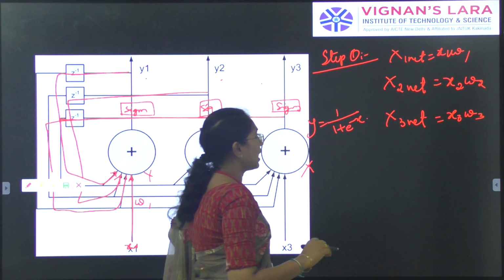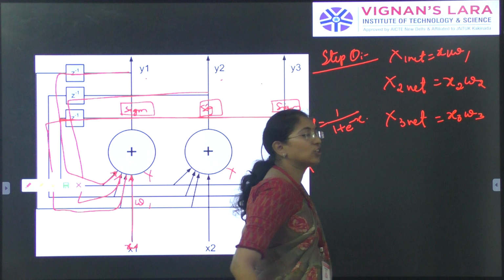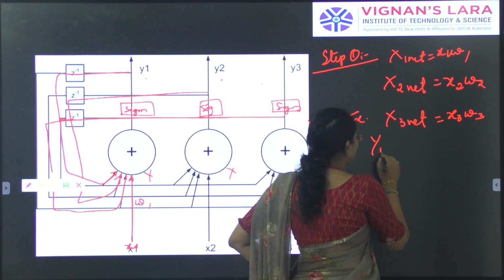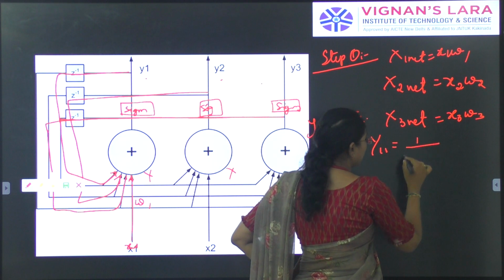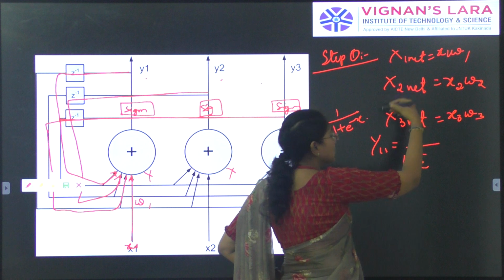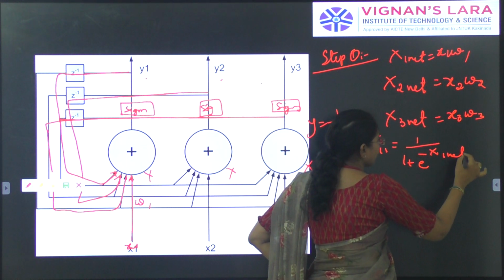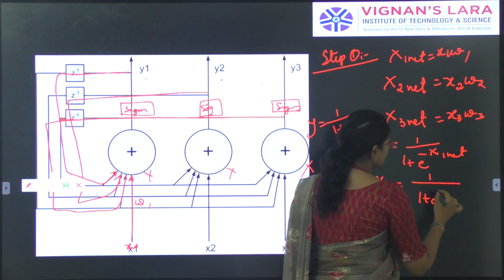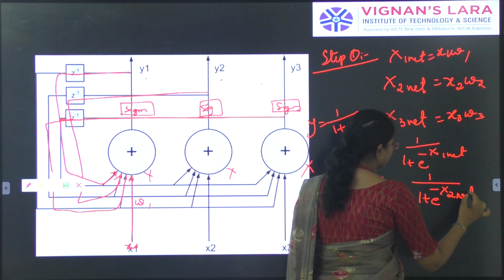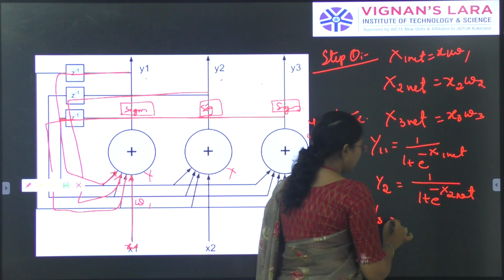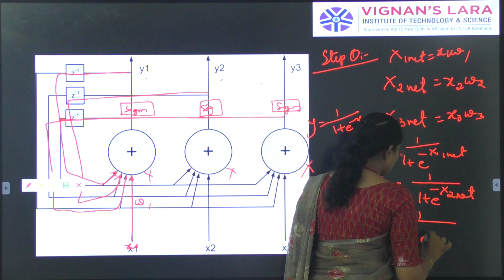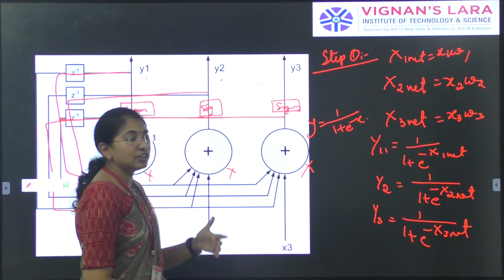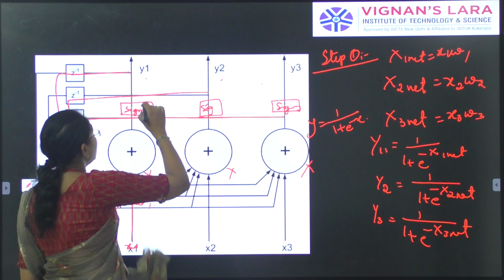So x1 net, x2 net and x3 net are passed through activation functions. Now we get y1 equals 1 by 1 plus e power minus x1 net. The same way, y2 equals 1 by 1 plus e power minus x2 net, and y3 equals 1 by 1 plus e power minus x3 net. These are the three outputs we are getting here.